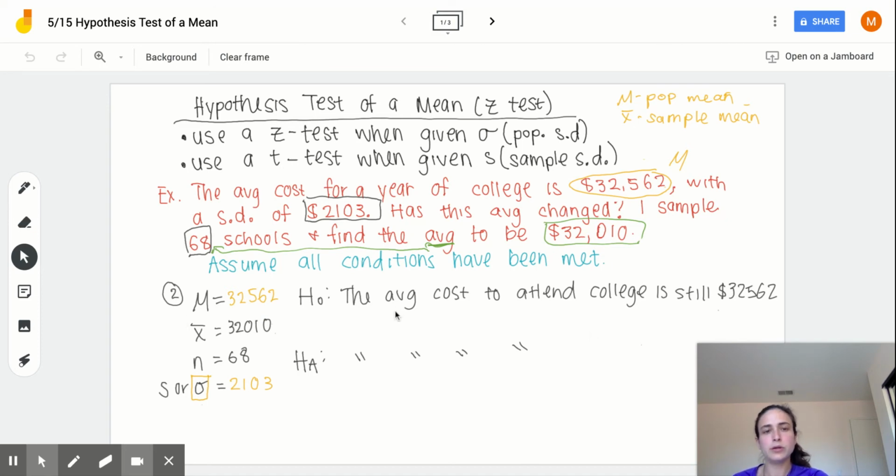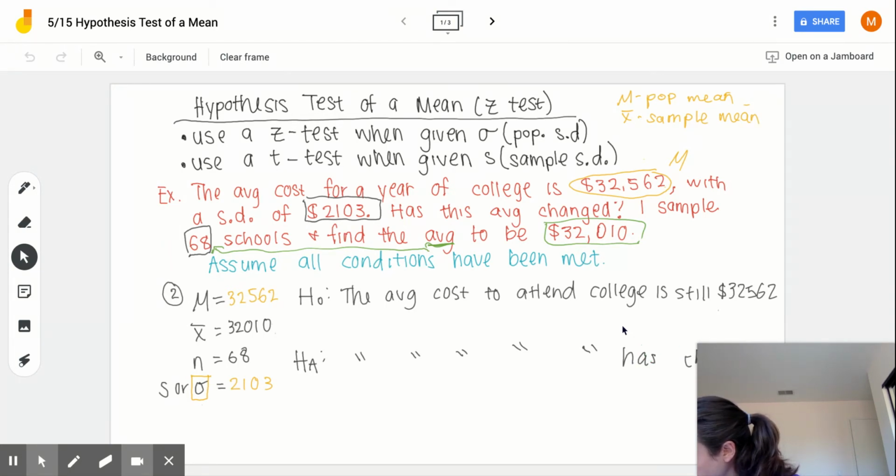So you want to read the question again, and it says basically they want to know if the average has changed. So your H0 would be that the average has not changed, or in other words, the average cost to attend college is still 32,562, and our HA, we're going to say the average cost to attend college has changed, because that's what the hypothesis is.